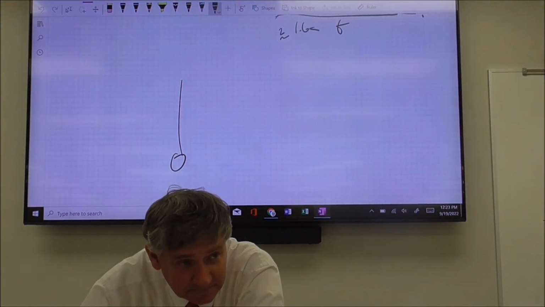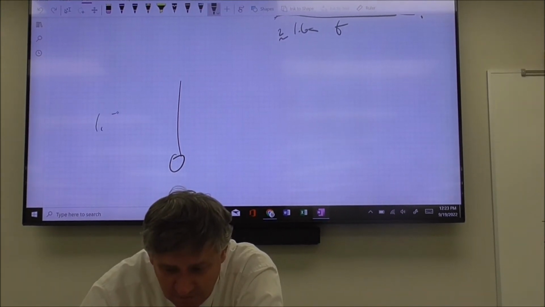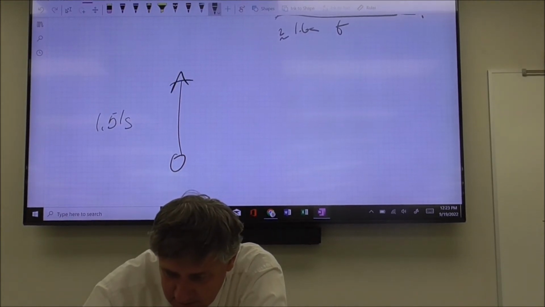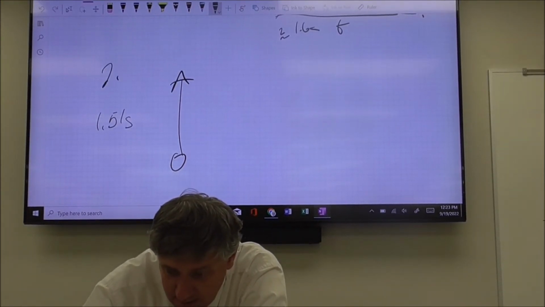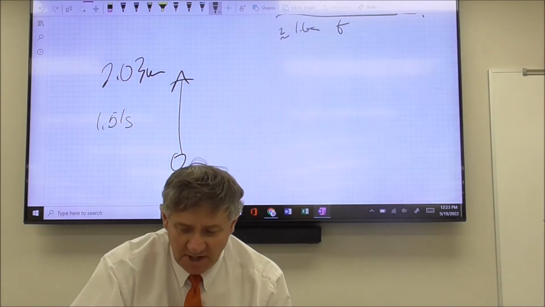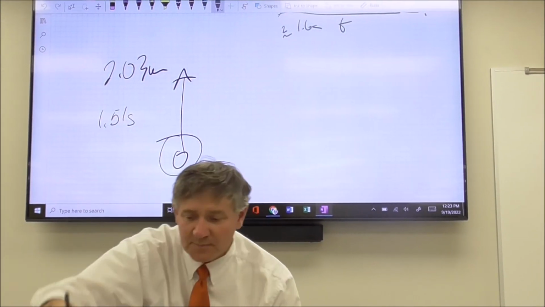Total time, 1.51 seconds. 1.51 seconds. And what was the maximum height? 2.03. 2 point what? 03. Meters? Yeah. Okay. So what you're trying to find is the initial velocity going up, right?